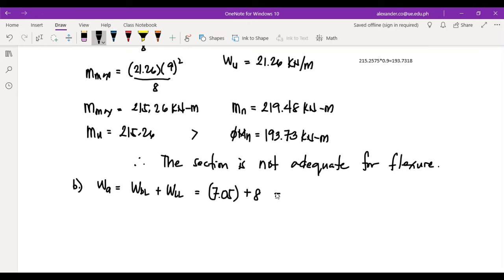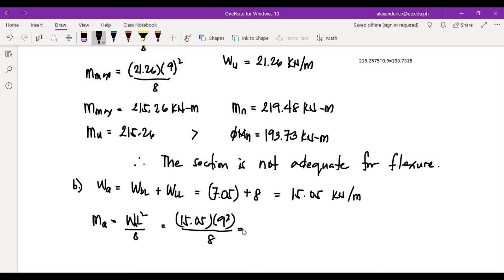So, obviously, 15.05. Ngayon, ang M max or Ma, it's W L squared over 8. So, it's 15.05 times 9 squared divided by 8 pa rin.